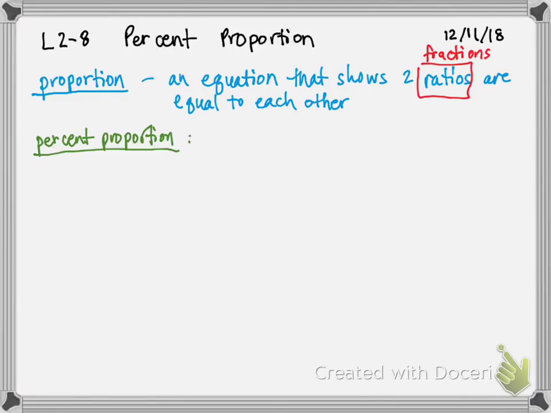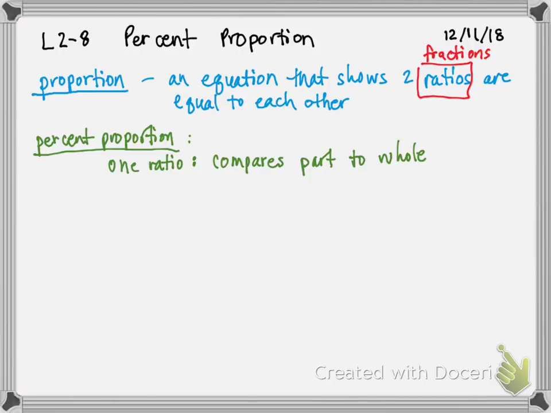We have one ratio that compares part to whole, which is what a ratio is all about, or a fraction compares a part to a whole, so part to whole. So 1/5 is comparing 1 out of 5 parts, okay?